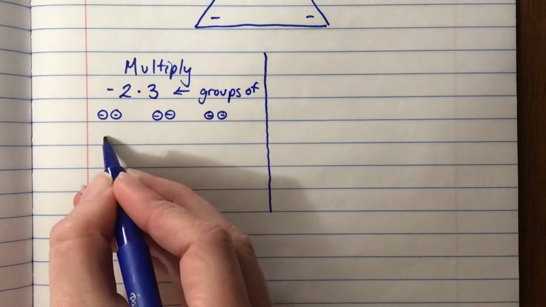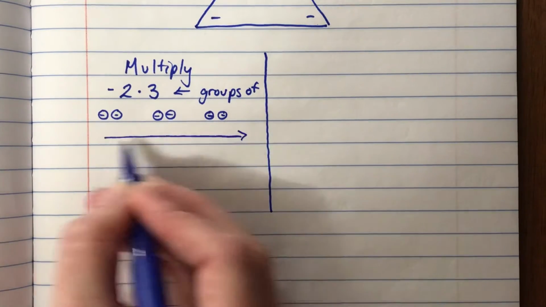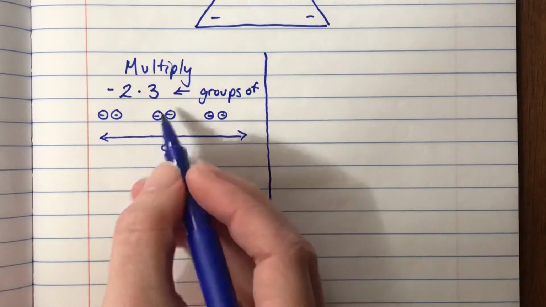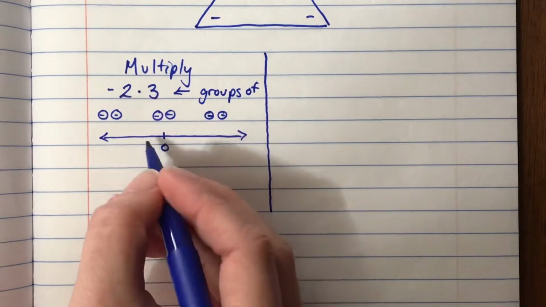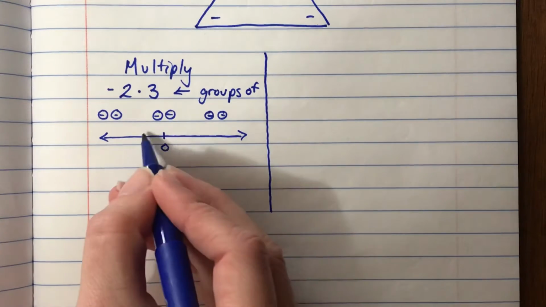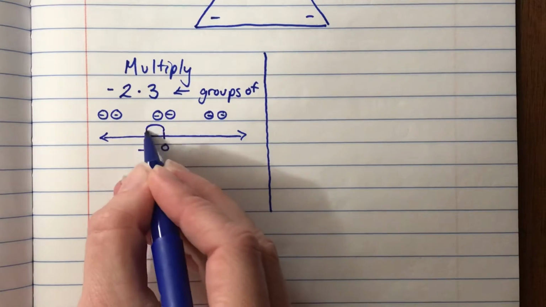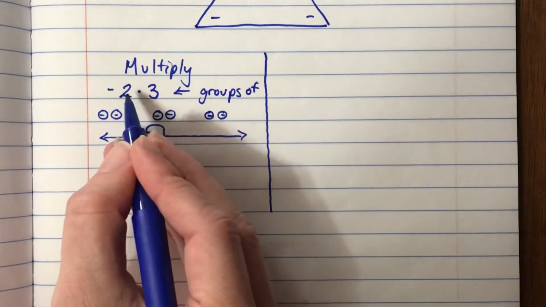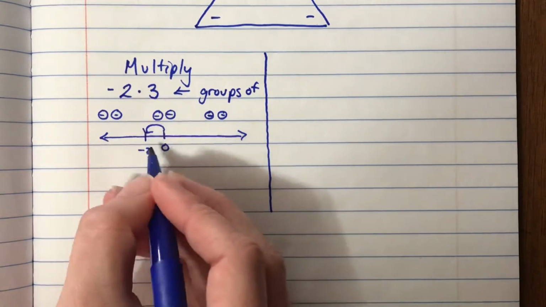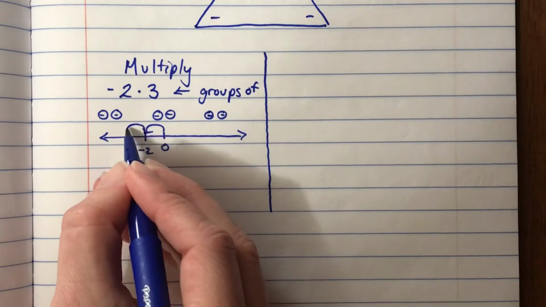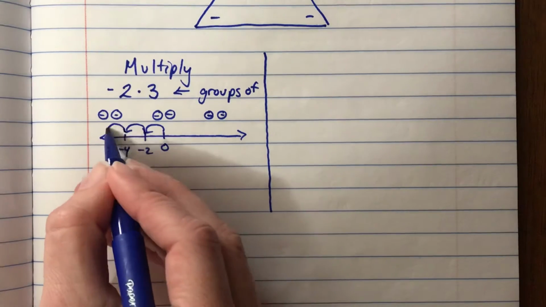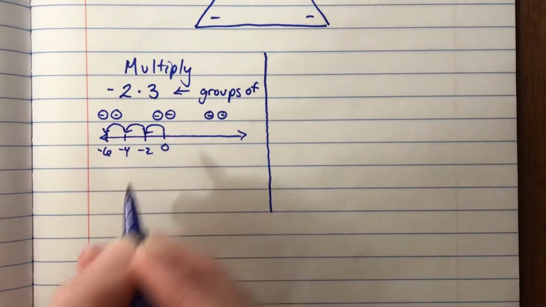Now we can also look at this on a number line, and you may see some illustrations of number lines as you're doing these problems. If we think about 3 groups of -2, what we could think about on the number line is hopping to -2 and then doing that again and again. So going -2 3 times. So 1 hop of -2, another hop of -2 would land me at -4, and then a 3rd hop would land me down here at -6.